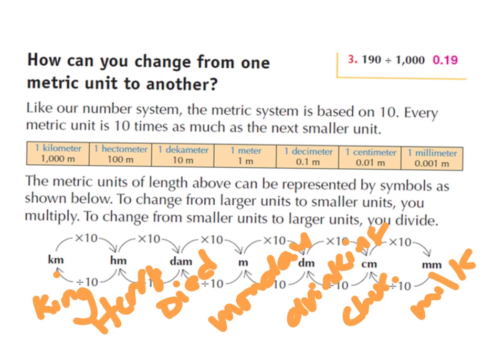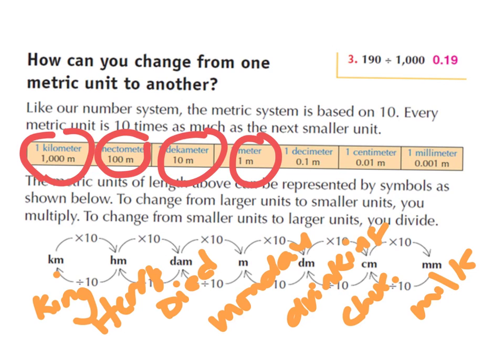We have King Henry, which is the kilometers. Henry is the hectometers here. Died is the decameter. Monday is the meter, and that's real important. Not the meter sound.